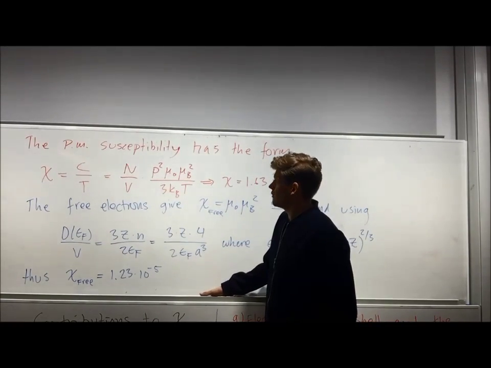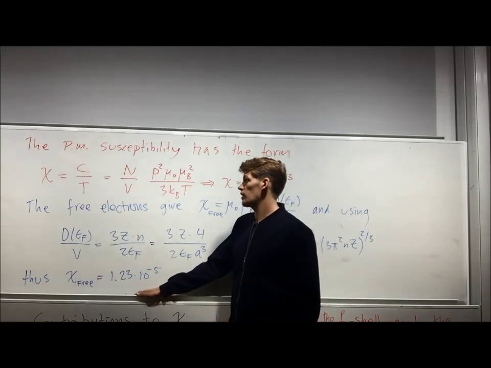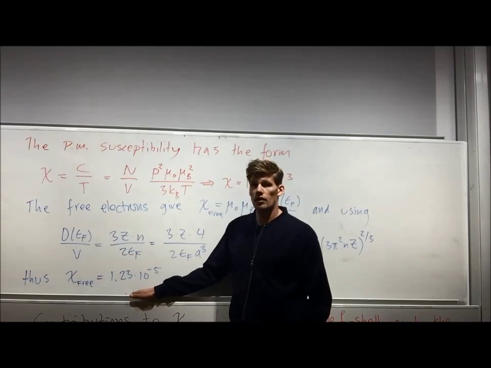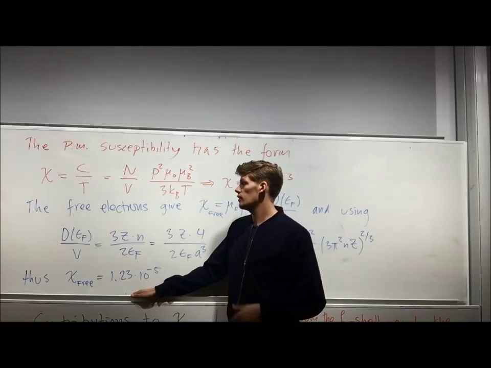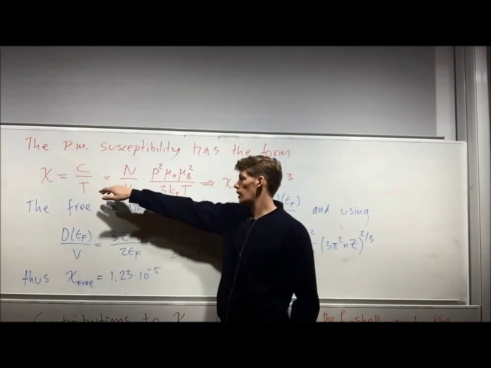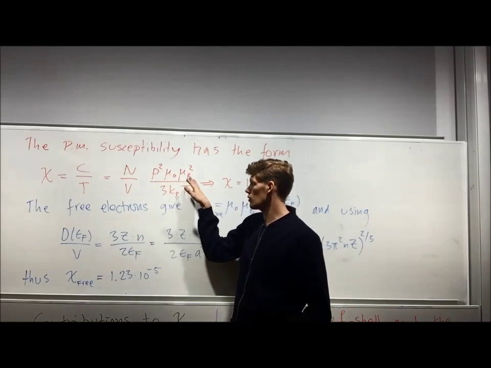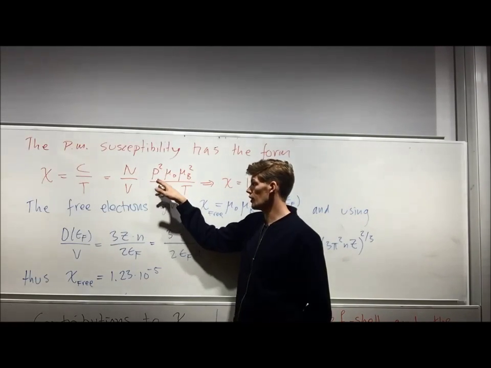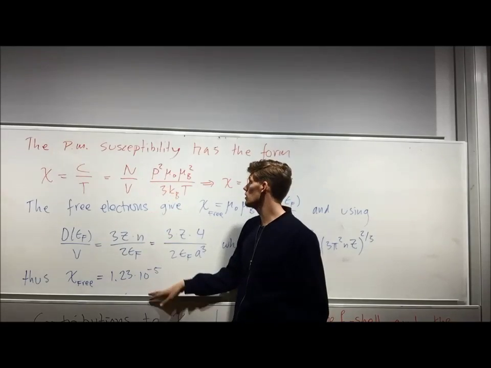And well, that's basically how the contribution from the F shell, the actual susceptibility, is equal to the Curie constant divided by the temperature, right? And the Curie constant can be determined according to this, where the Bohr magneton appears.